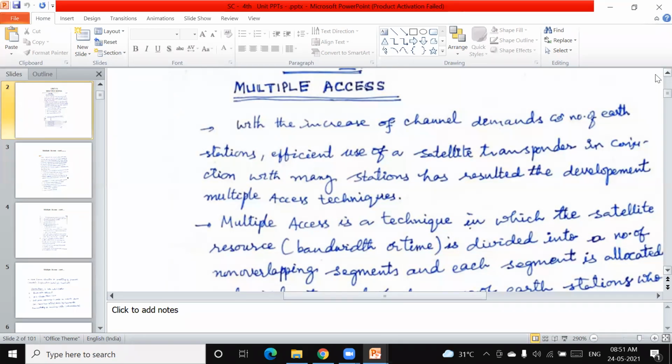Multiple access means satellites are always built with the intention that many users will share the bandwidth allocated to the satellite. So the first intention of the satellite is for the bandwidth to be shared by all the users.